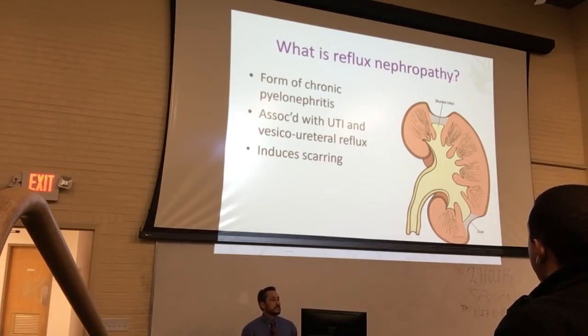It's associated with urinary tract infections and this vesicoureteral reflux, or the VUR, and it can induce scarring of the kidneys. And as the kidneys scar, we get this damage, this chronic, long, debilitating damage, because now you've lost function of the kidneys.